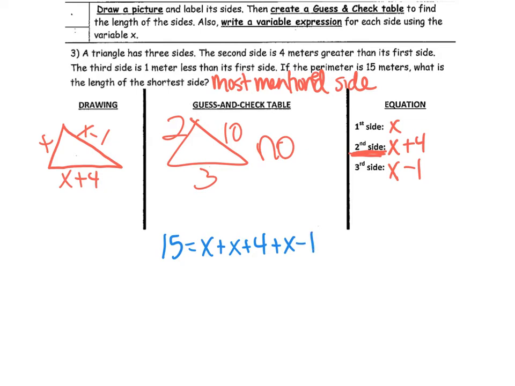First side plus second side plus third side equals 15. Now your job is to just solve as we did before. We're going to combine like terms, put all the x's together, put the 4 minus 1 together. There you go.